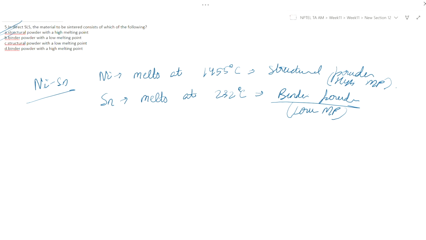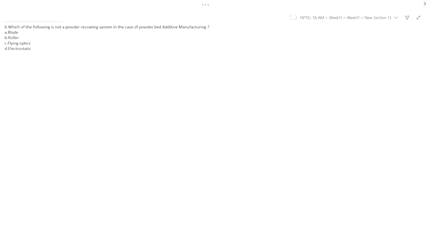Next question. Which of the following is not a powder recoating system in the case of powder bed additive manufacturing process? So, this we know. Blade, roller, electrostatic, these three are powder recoating systems, but flying optics is not a powder recoating system. This is a scanning system.